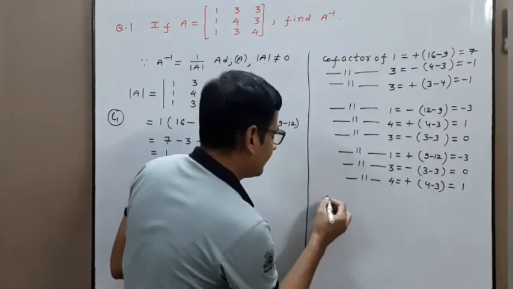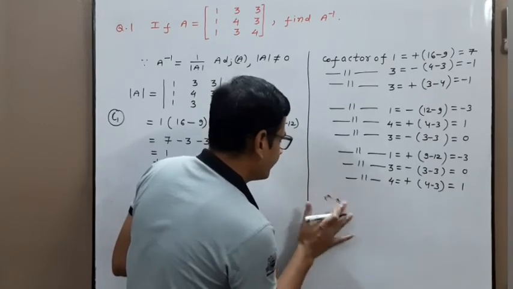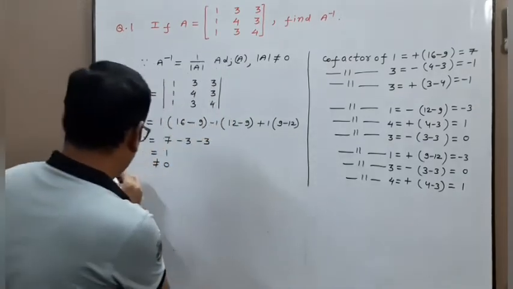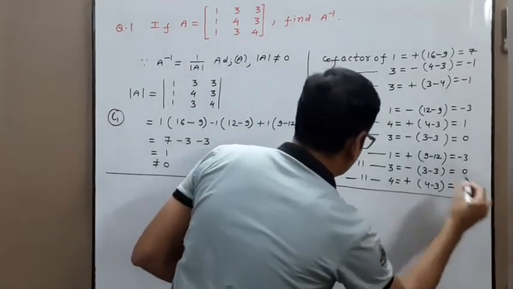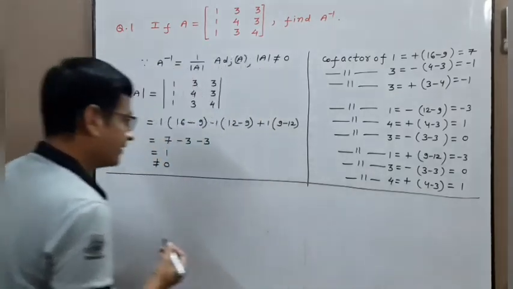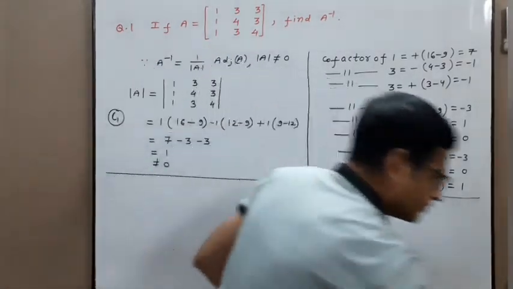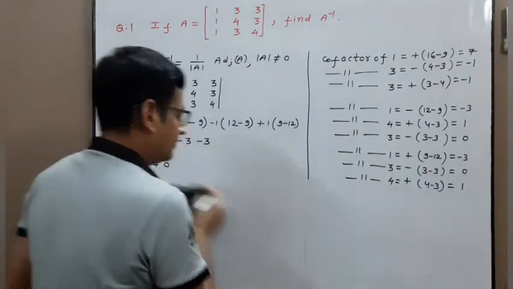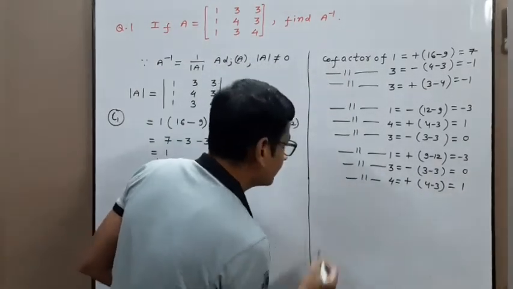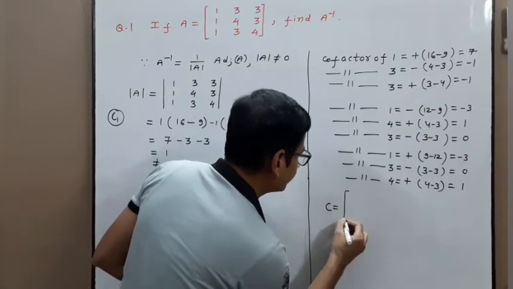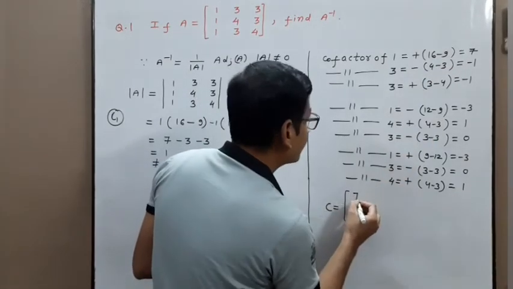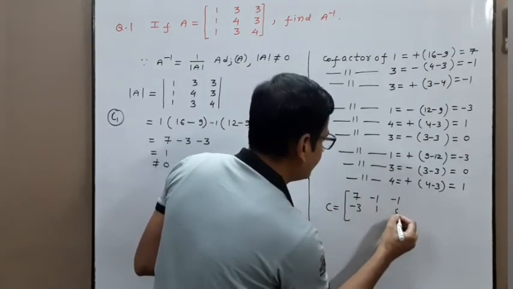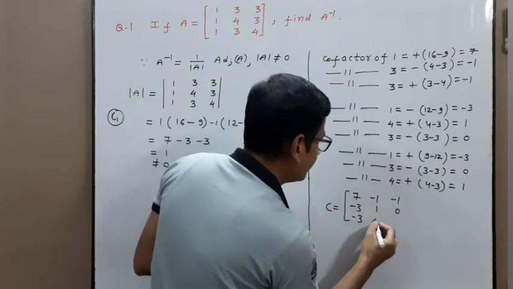Now write cofactor matrix. So cofactor matrix C is equal to 7, minus 1, minus 1, minus 3, 1, 0, minus 3, 0, 1.